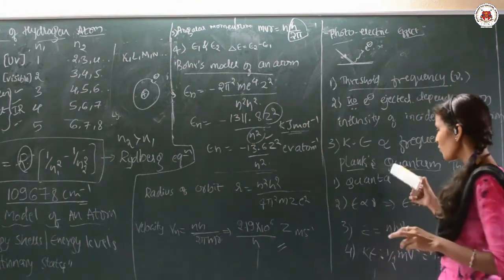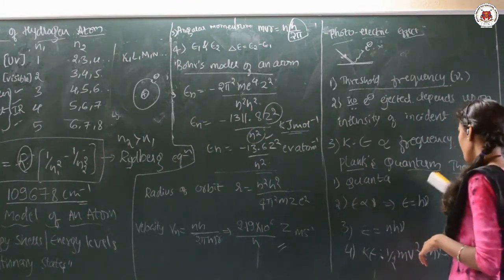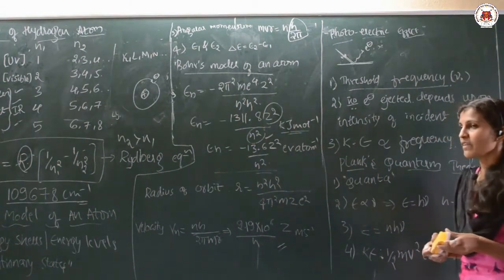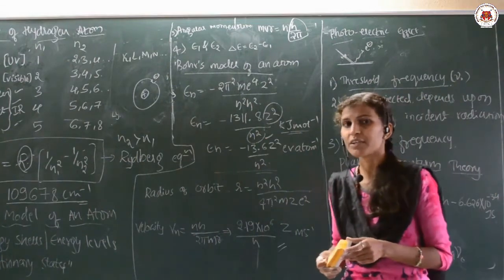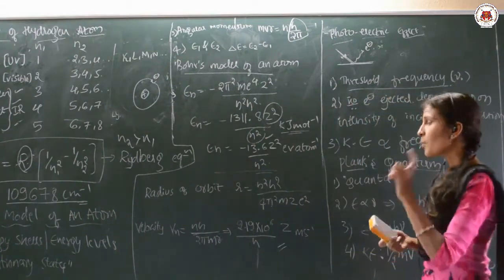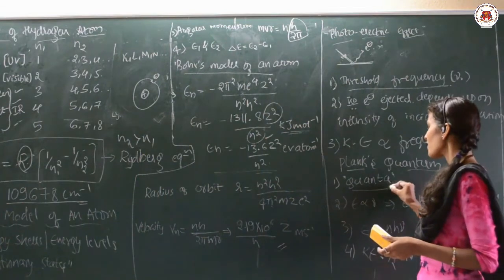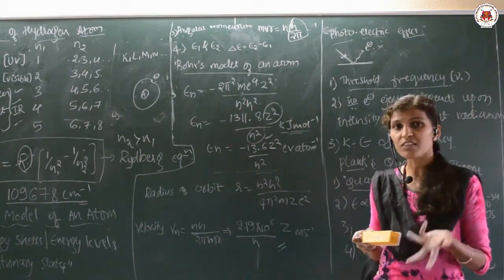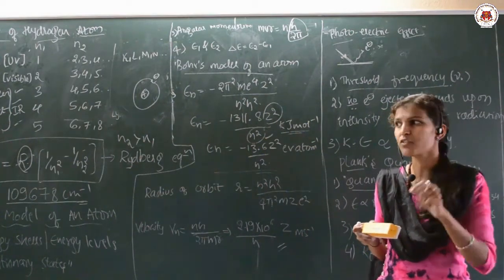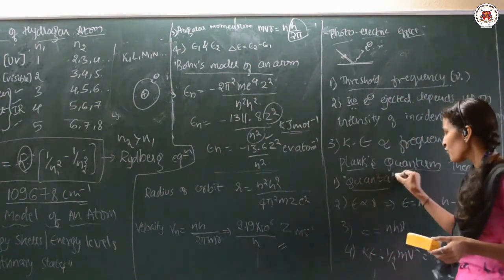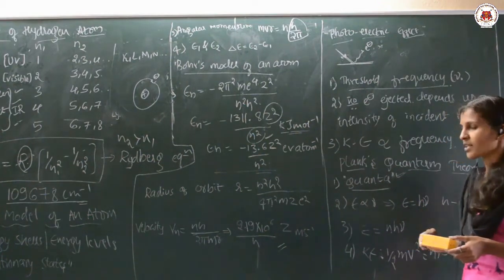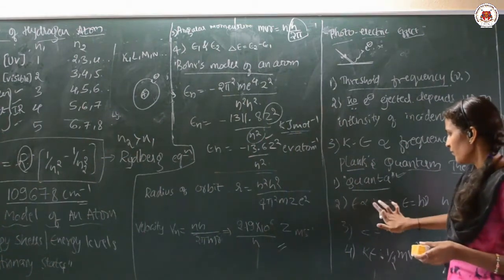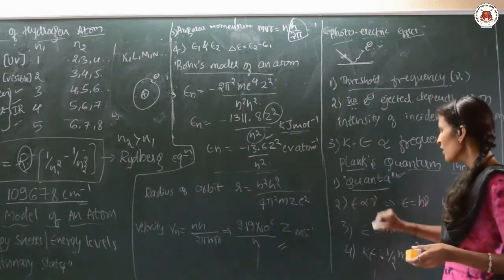Clear? So, the last theory is Planck's quantum theory. Here the energy is emitted or absorbed discontinuously in the form of small packets of energy called quanta. Those packets of energy are called quanta. Okay. And then here the energy is directly proportional to the frequency.